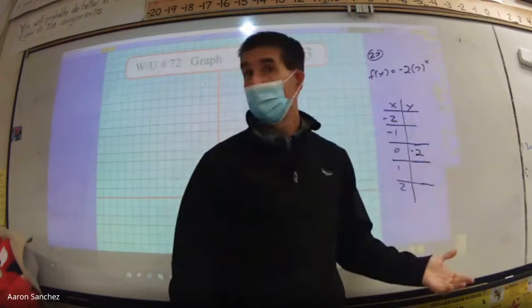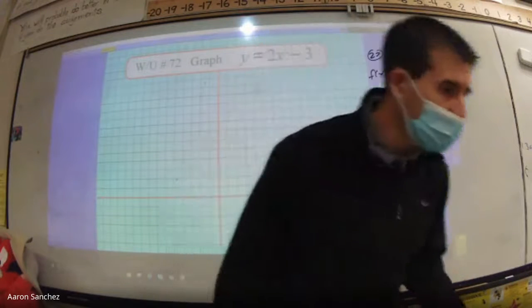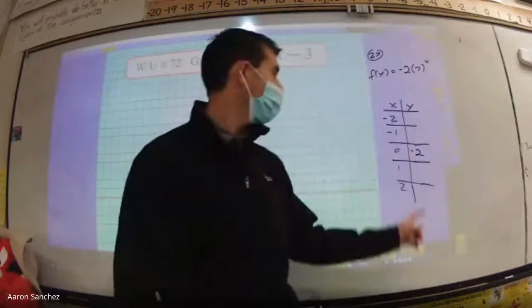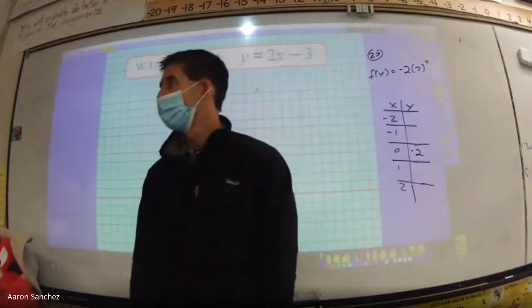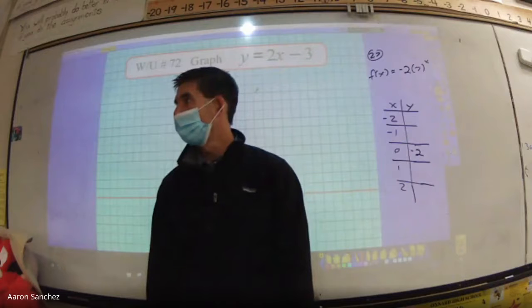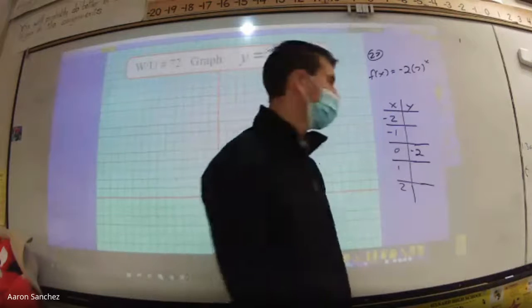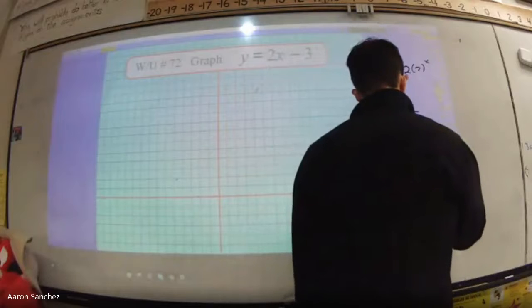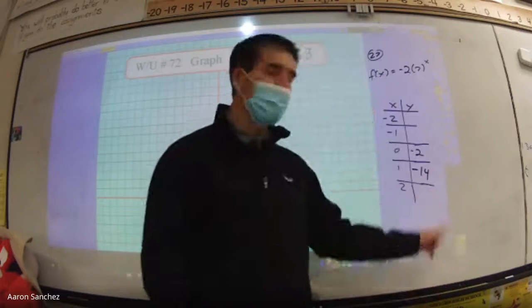So what is -2 times 7, Leilani? What do I put here? Whatever -2 times 7 is. -14. There you go. And then I multiply -14 times 7 to get that.